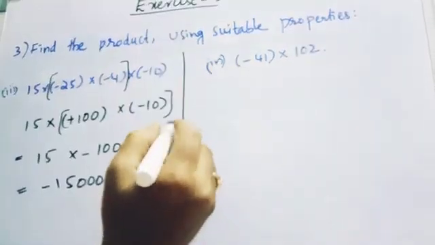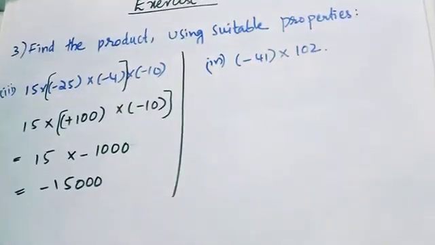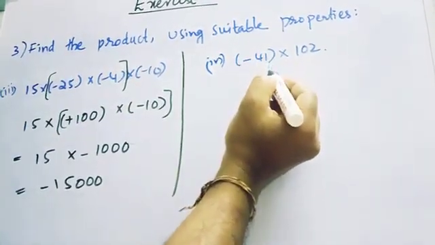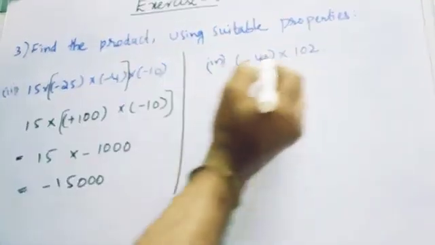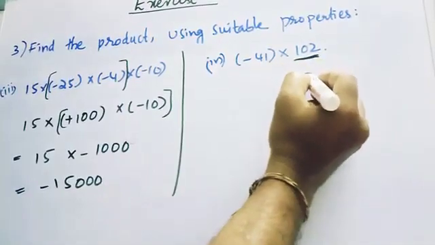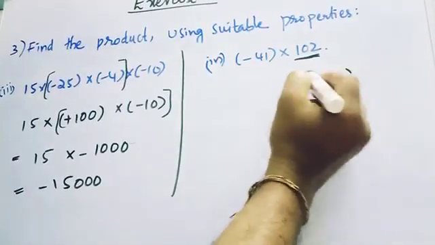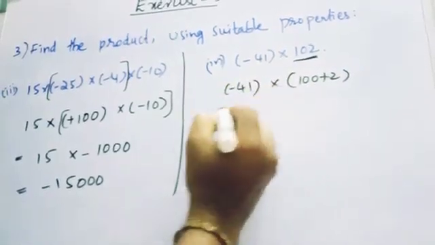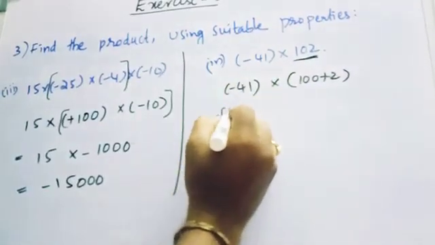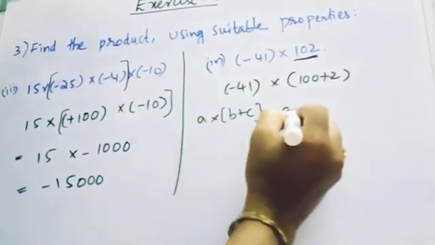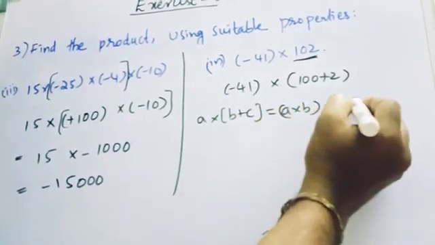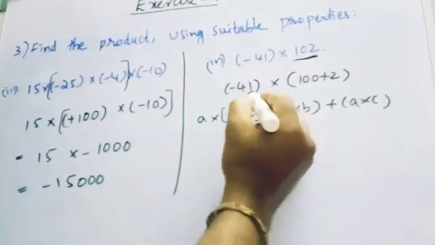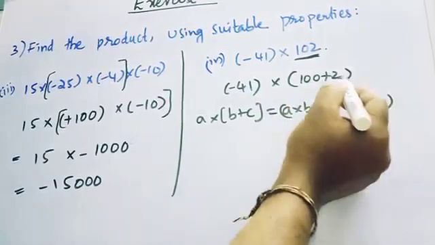So the next, fourth one: minus 41 into 102 is given. Here we can't apply any rule directly. So you can write this 102 as 100 plus 2, which gives 102. On the left side we have minus 41. Now you can compare with the formula a into b plus c, which gives a into b plus a into c. Now you can find the values: a is equal to minus 41, b is equal to 100, and c is equal to 2.